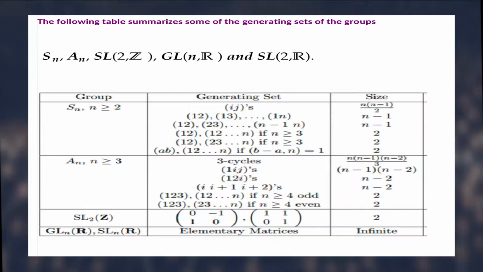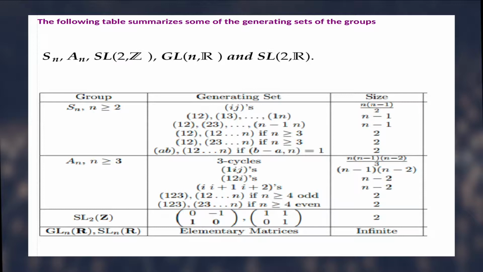If the group is S_n, n greater than or equal to 2, and the generating set is all transpositions (i j), then the size is n(n-1)/2. For (1 2), (1 3) and so on up to (1 n), the size is n minus 1. If the generating set is (1 2), (2 3) and so on up to (n-1 n), then the size is n minus 1.